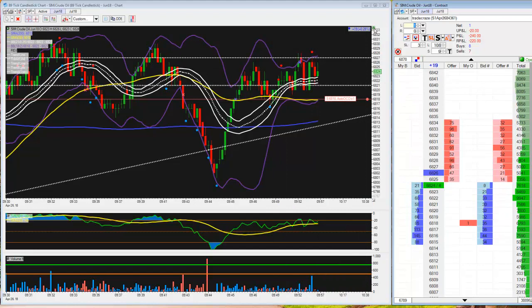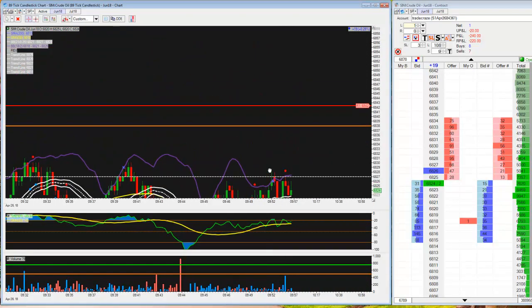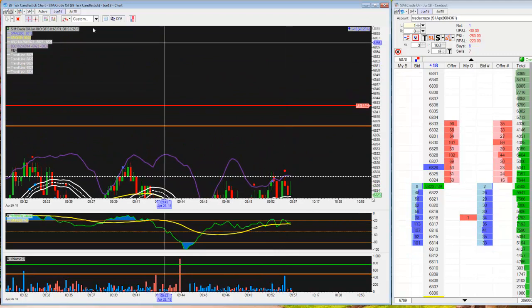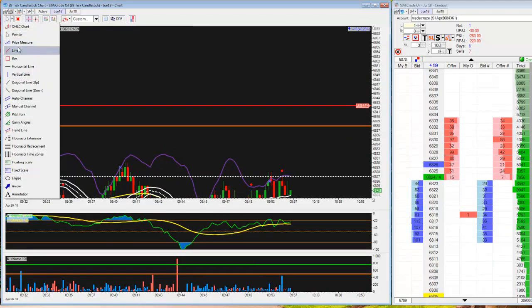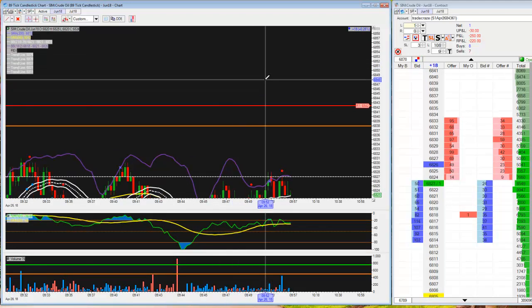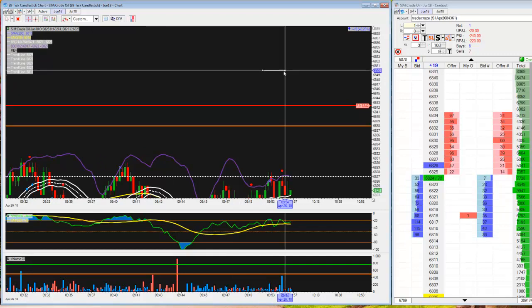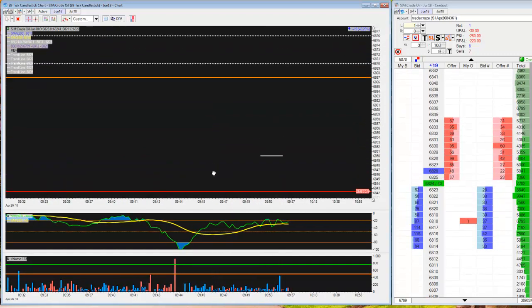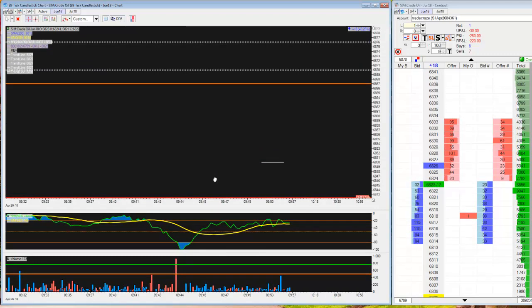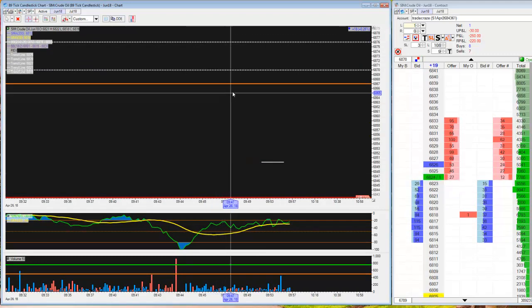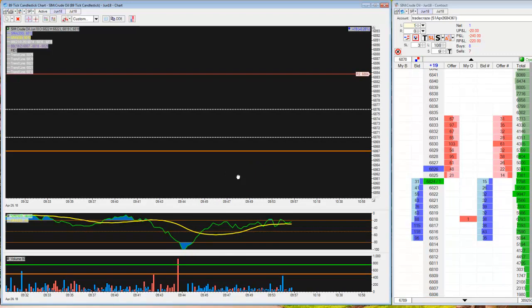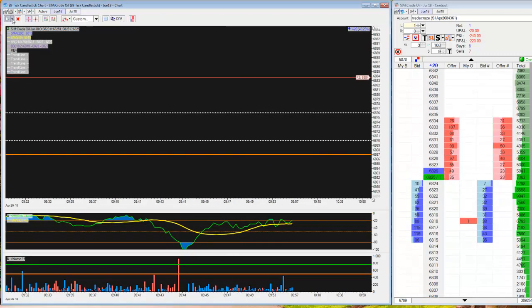6850 is first target up. Three P target, if we can get it finally today, 6893. Market wants to run.